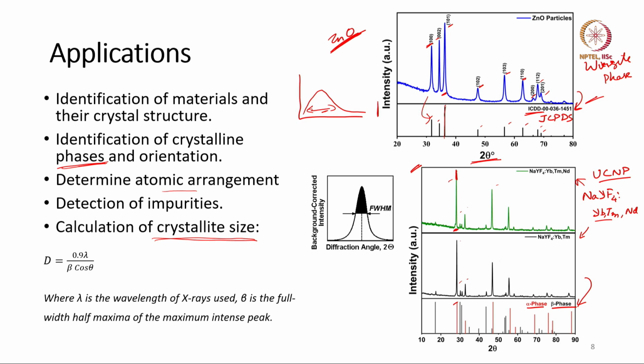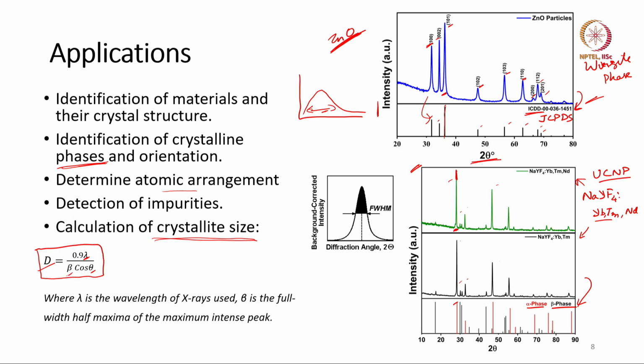Based on those crystals, we have the atomic arrangements and we could calculate the crystallite size of the material using a formula that was given by Scherrer. Scherrer gave this formula where D is equal to 0.9 lambda by beta cos theta. Now, lambda is the wavelength of the X-rays, theta is the incident angle and beta is the full width half maxima.